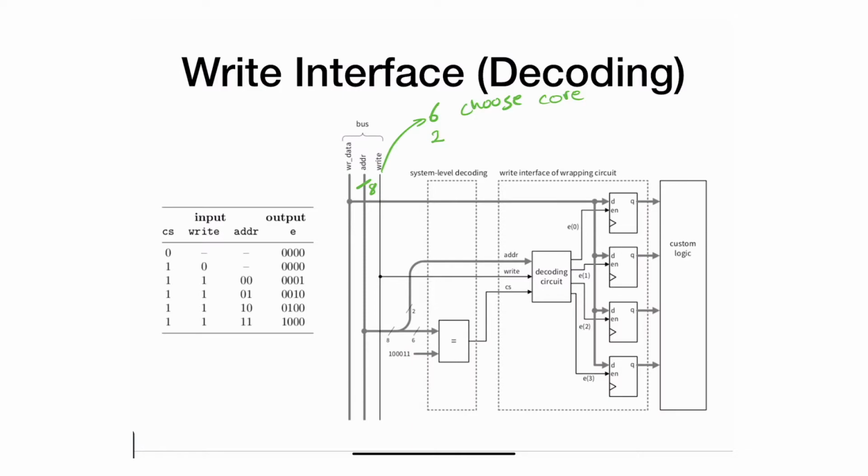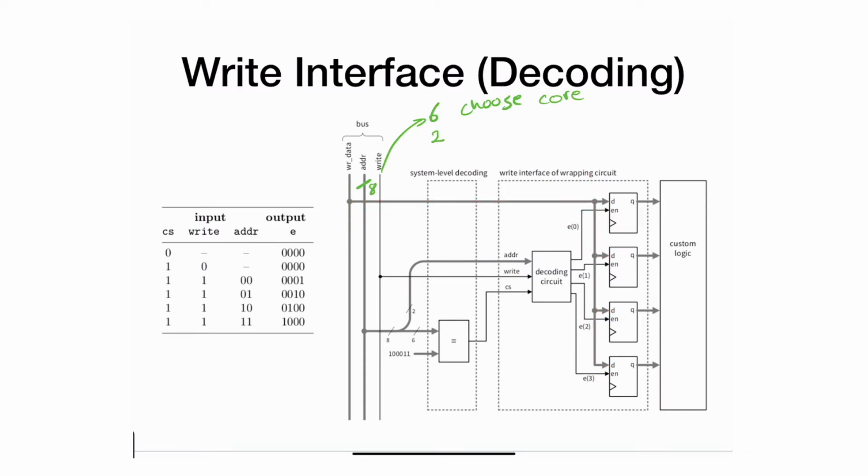Well, here's the deal. What the processor does is place some write data on its write data bus, basically. And as it turns out, this particular data gets broadcasted to all of the registers. All of the registers have it at their input, but not all of them are enabled at the same time. And not only the registers within this particular custom logic, this is actually broadcasted to all of the registers for all custom logics.